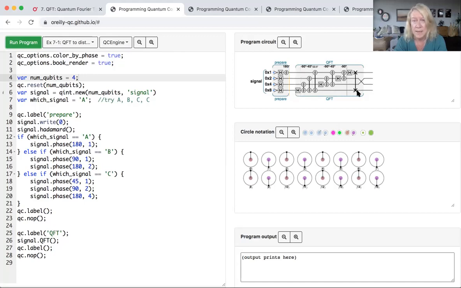And then the QFT, which again, we don't really know how this function works yet, but we know when we apply it, it's able to read out that these values are rotating to the count that is 8.